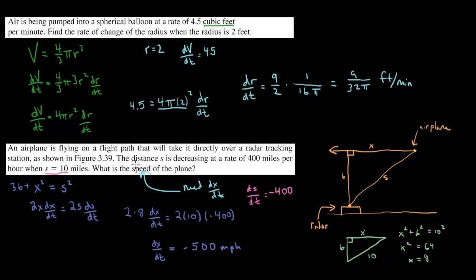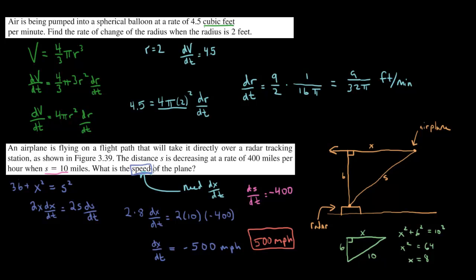Now the one thing we have to be careful of, I just noticed, is that the final question asked for the speed of the plane. But speed is always the absolute value of velocity. So in this case, the final solution is 500 miles per hour, just because of how the question was worded with speed.